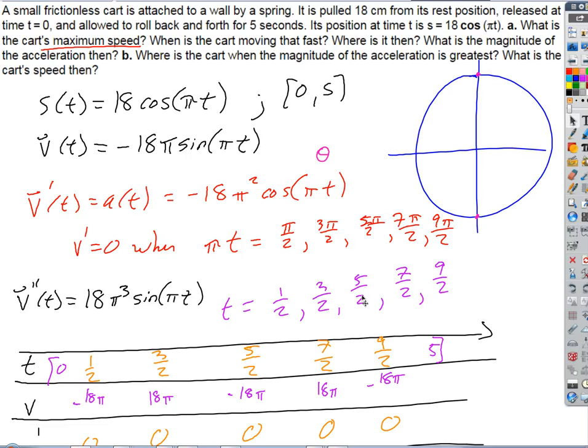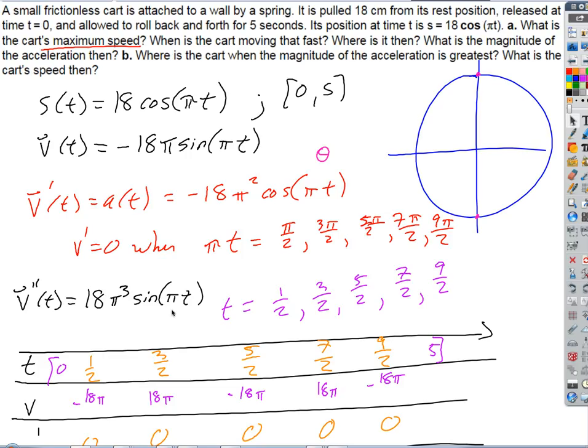Acceleration is v prime, so a prime is v double prime. How do we find maxima and minima for a function? We set its derivative equal to 0 to get the critical numbers. So we're going to set the derivative of acceleration, which is v double prime, equal to 0.